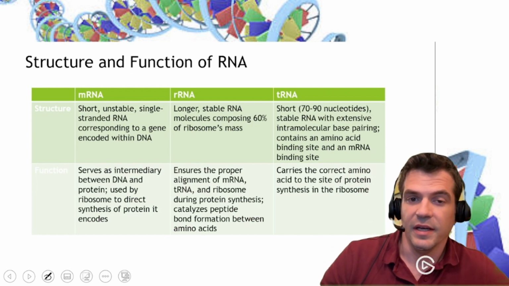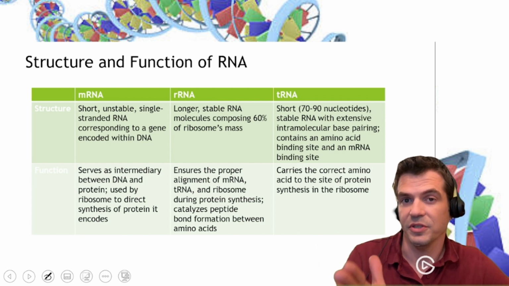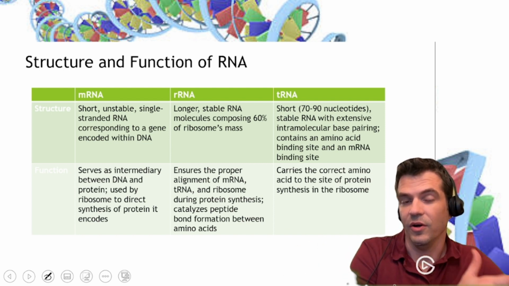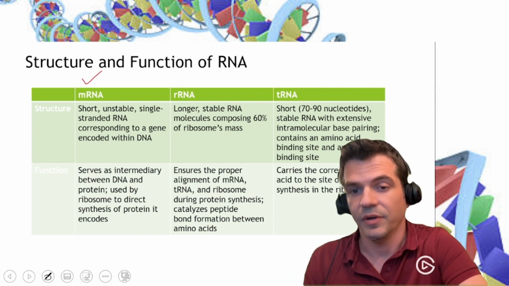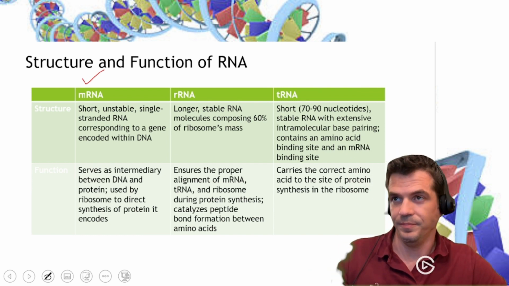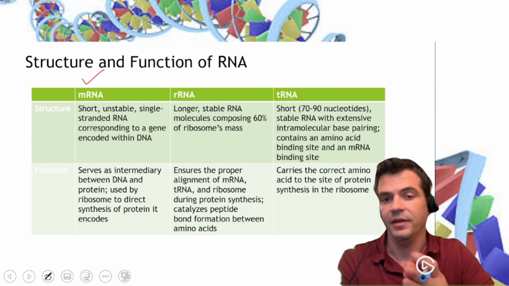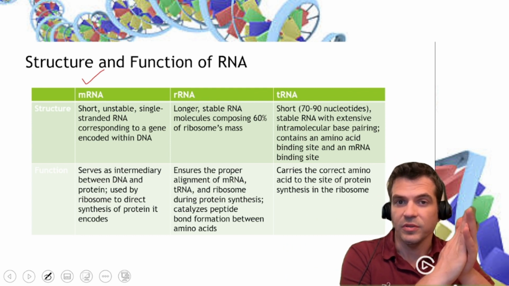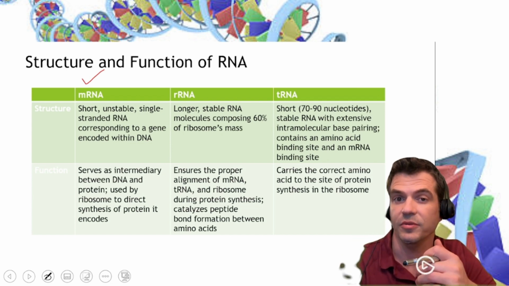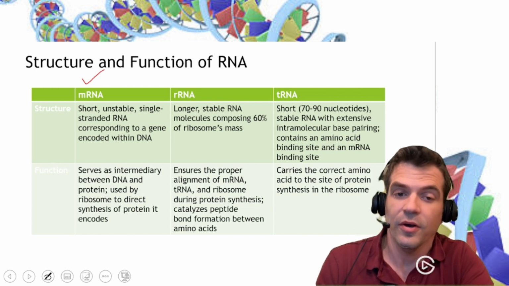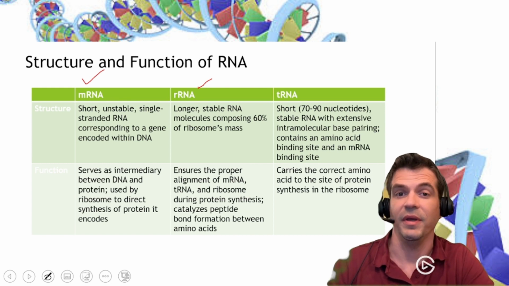To summarize, RNA has a structure and function depending on what we call it. If we're calling it a messenger RNA, that is the intermediary between DNA and protein. Short, unstable, doesn't last long, degrades quickly. Our saliva degrades them quickly. Also, RNases. Our RNA is also what makes the ribosomal subunits.